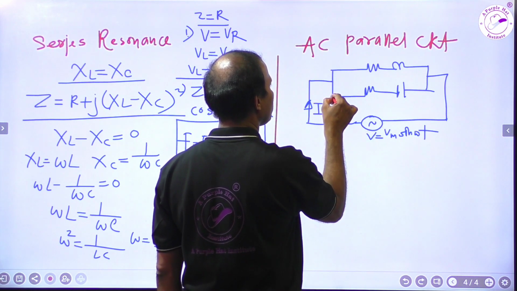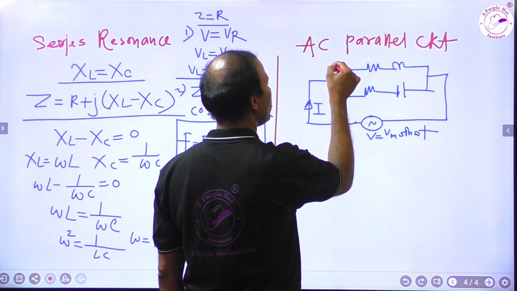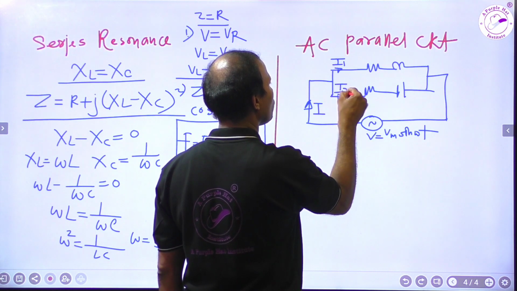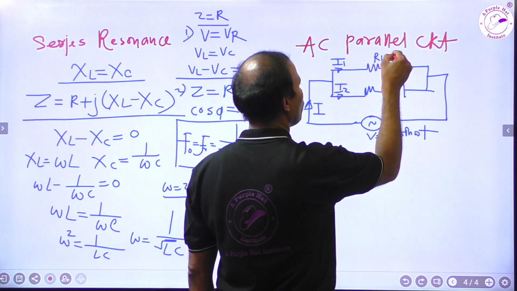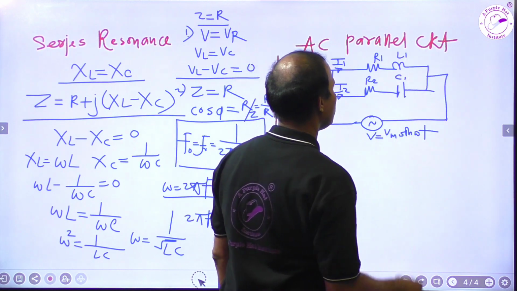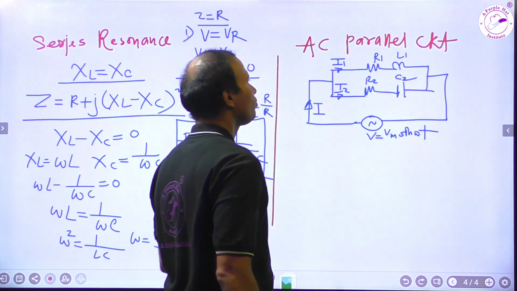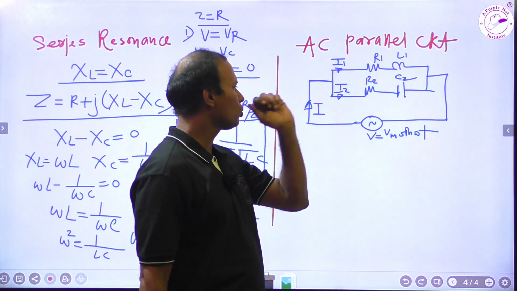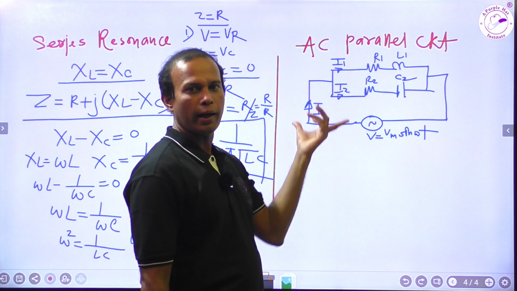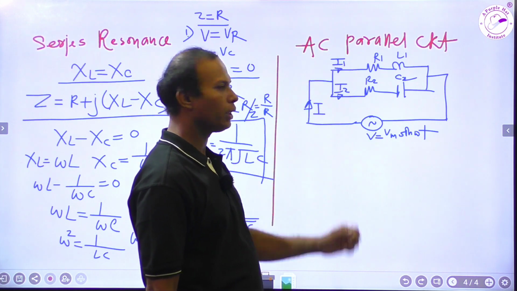This is the junction point where one current will leave here: this is I1, this is I2. These are R1, L1, R2, C2. This is impedance 1 and this is impedance 2. We will try to find the circuit admittance and the value of the current.